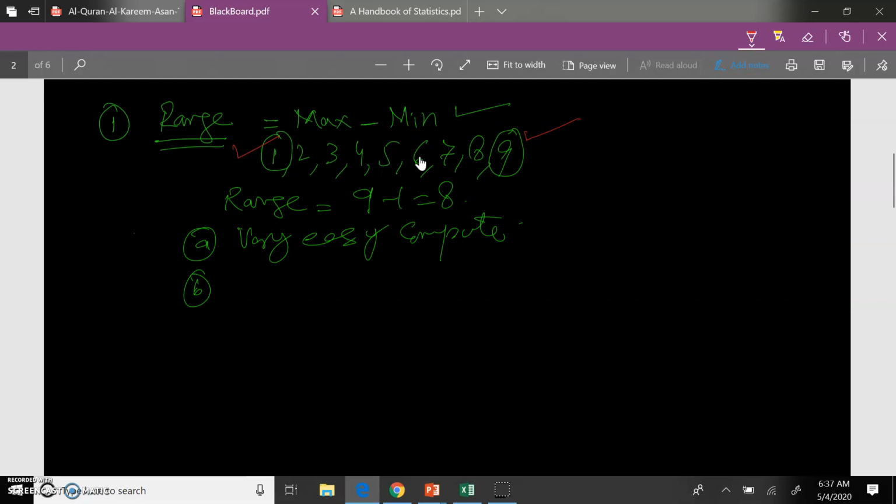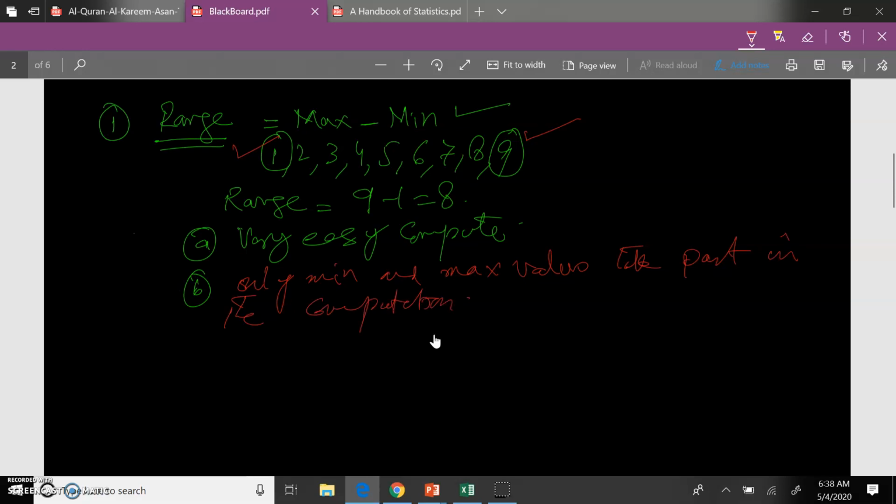They are not taking part in the computation. For this particular reason, the range is not a preferred measure of variation. Only the minimum and maximum values take part in the computation, so this is something bad about range.